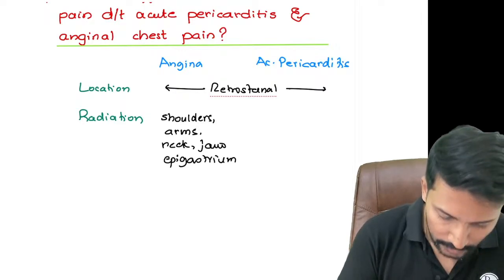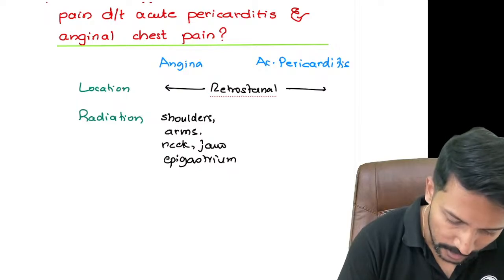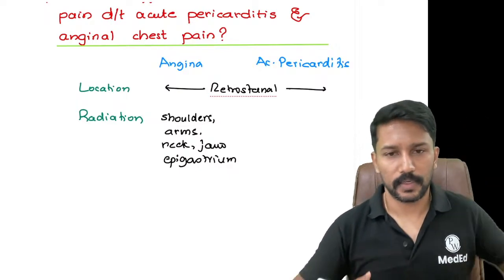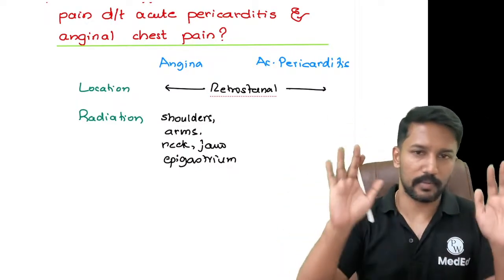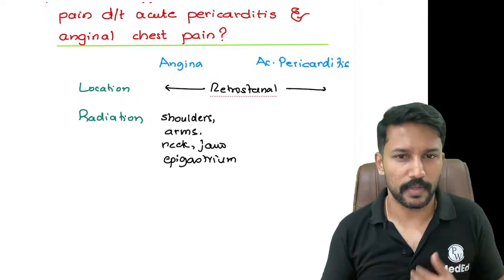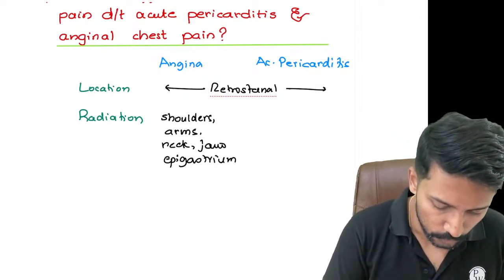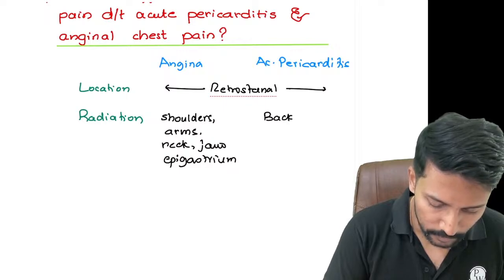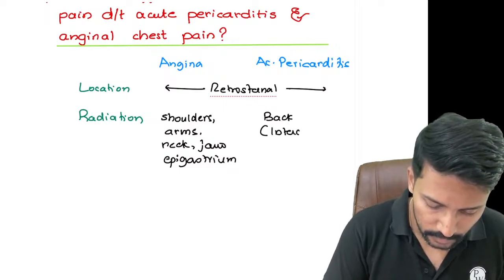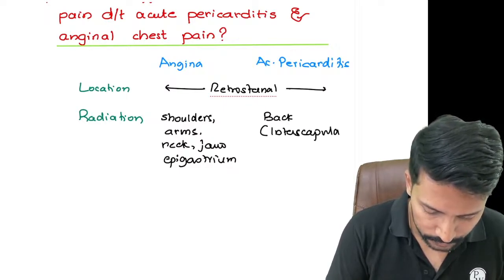On the other hand, the acute pericarditis gets radiated to the back, right? Retrosternal, exactly behind, means interscapular region is where the acute pericarditis pain usually gets referred to or radiated to. It gets radiated to the back, more precisely the interscapular region.